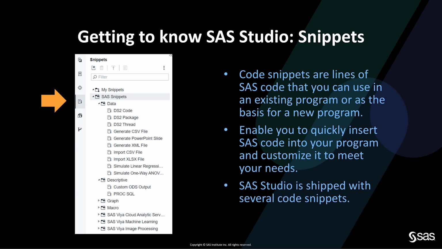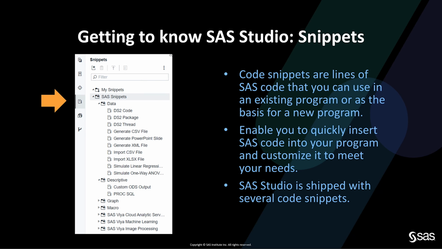There's a lot of different examples here. Each folder under snippets, you could see data, descriptive, and there's graphs. So within each one, there's a lot of different options. It's just something you have to play around with, and sometimes it's worth using it. Sometimes it's worth just coding it up again yourself, as it's very much a preference thing.